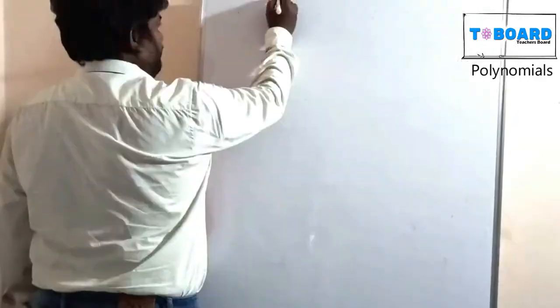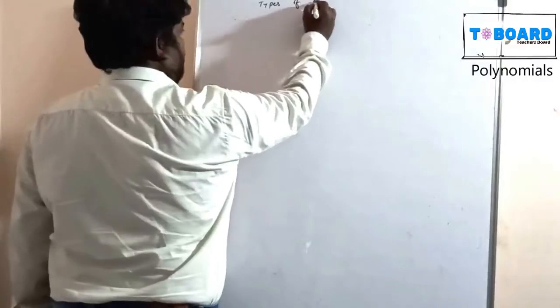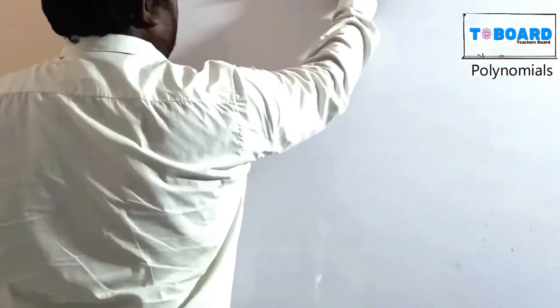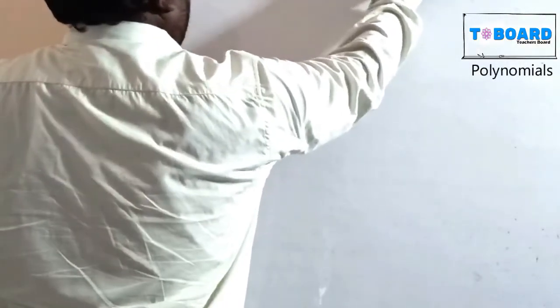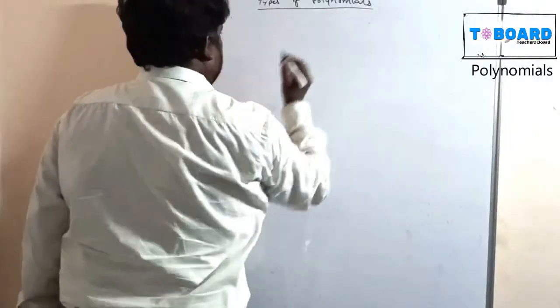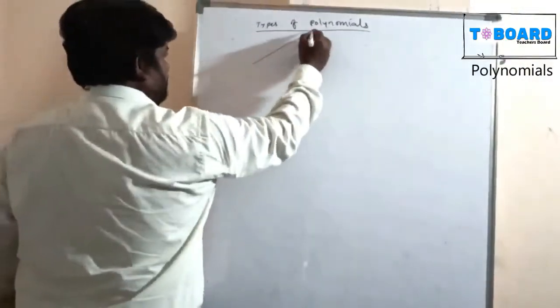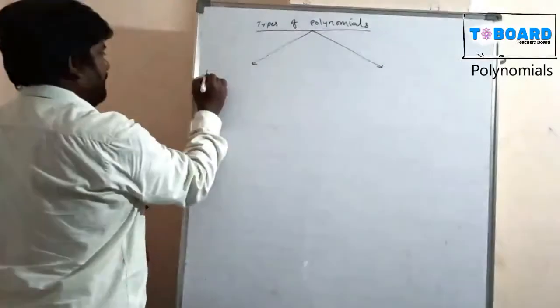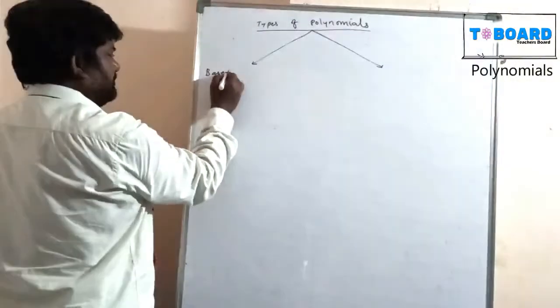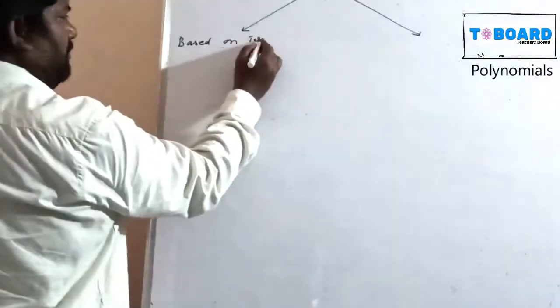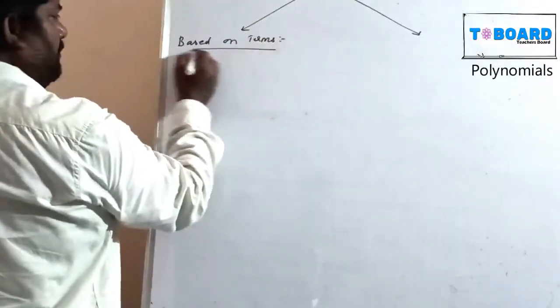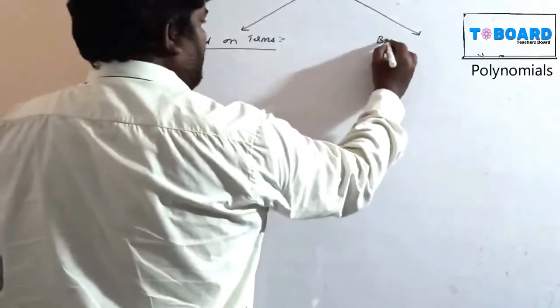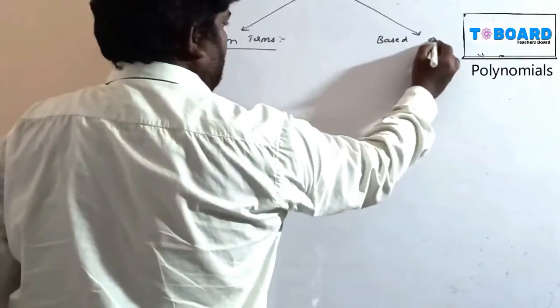Okay, polynomial. Types of polynomials. There are two methods: one based on terms, and one based on degree.